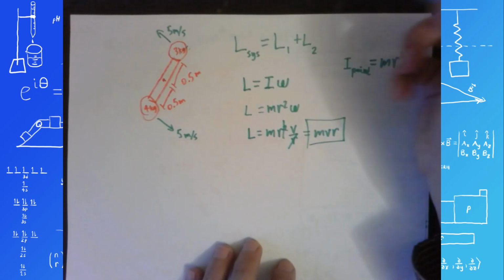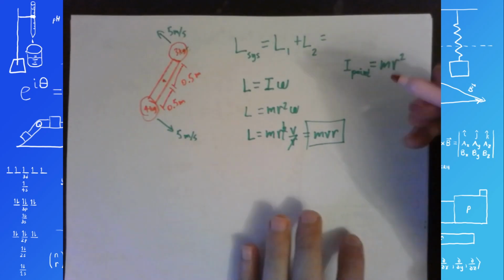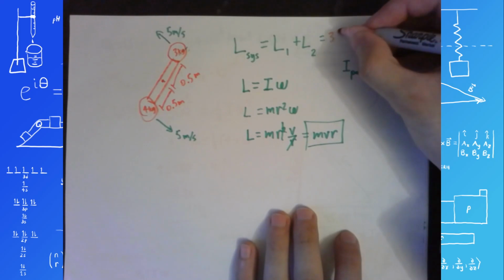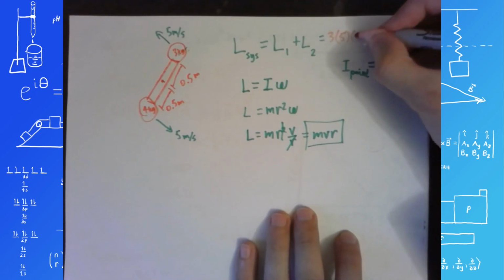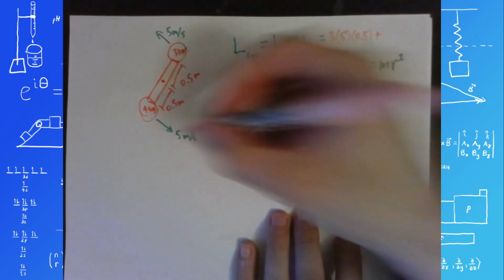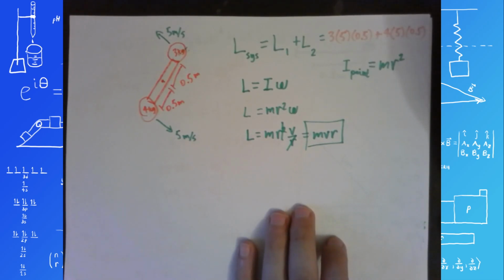So the total angular momentum of the system is going to be, let me switch colors, for that first one, 3 times 5 meters per second times r, which is 0.5 meters away from the axis, plus the second one, 4 kilograms times also 5 meters per second times 0.5 meters away from the axis of rotation.